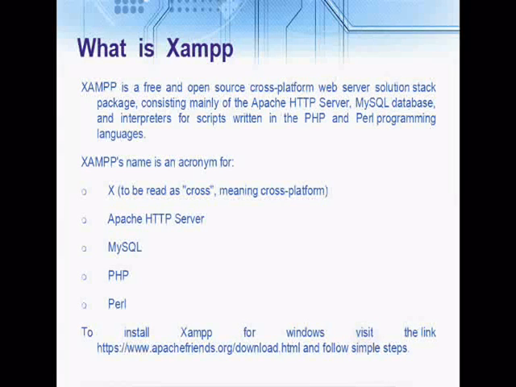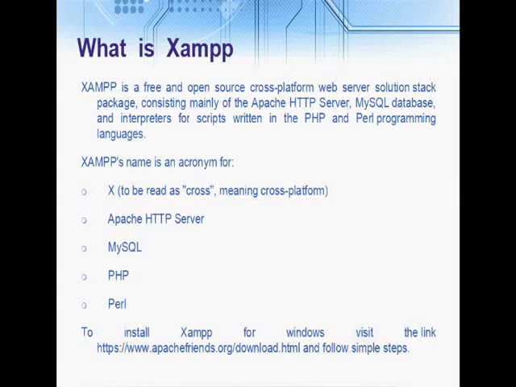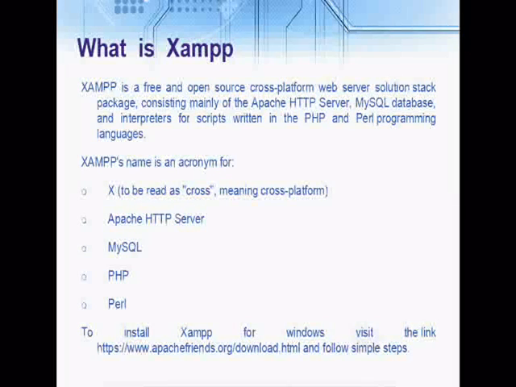So once you install XAMPP, you can directly start coding. In my point of view, XAMPP is the best and easiest way to get a local server on your personal machine and start working on PHP and MySQL applications. To install XAMPP for Windows, visit the link given.